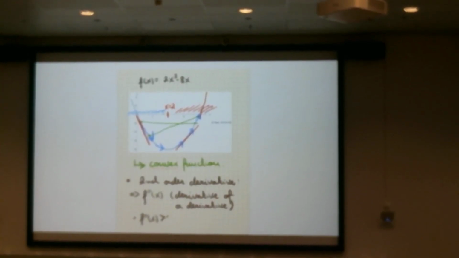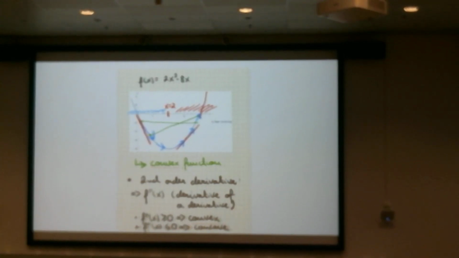If the second derivative is positive, or greater or equal to 0, we have that the function is convex. If the second derivative is lower or equal to 0, we have that the function is concave. For those x values, it's concave.